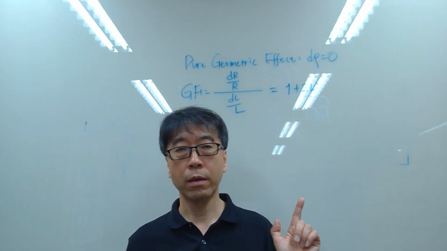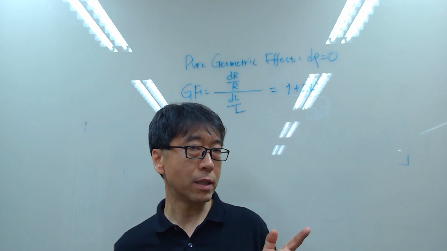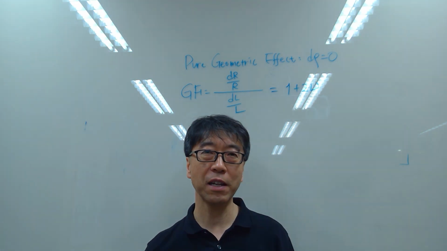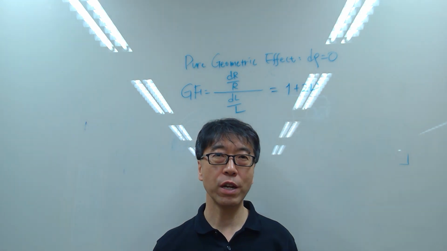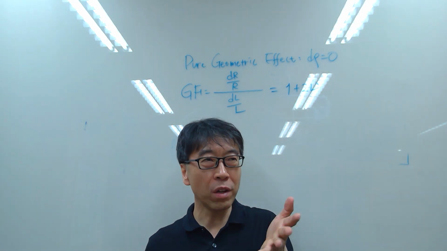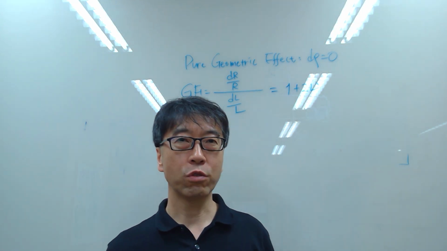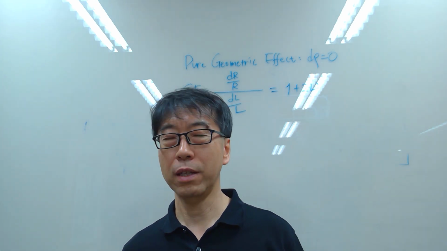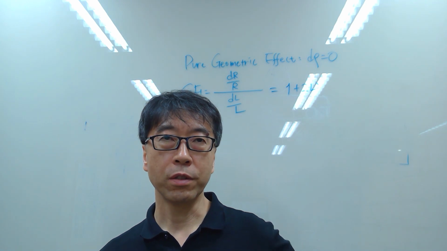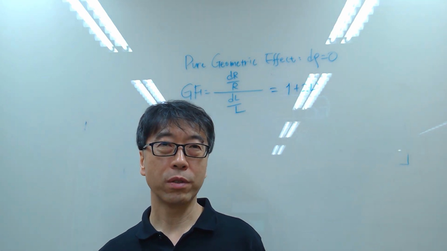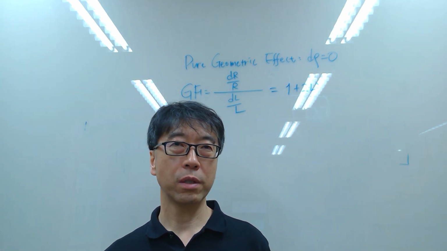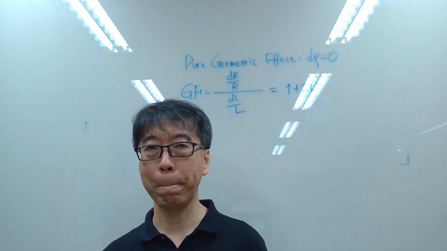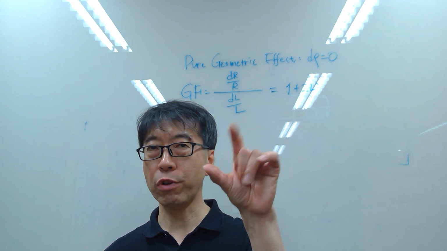Would it be 10? Obviously 10 doesn't make sense, right? You just elongate by 1, reduce by 10 times. That will be a very strange material. 1 is still strange, right? Just elongate by 1 meter, it'll reduce by 1 meter. Doesn't make sense. 0.01 might be too small. So the typical range of material will be about 10% or more of the contraction.